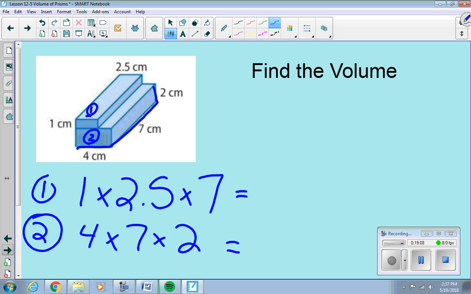And you multiply them together. If you want to know the volume together, you're going to add the answers. Yep. Yeah. Good.